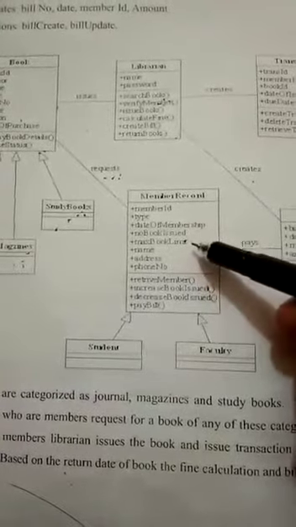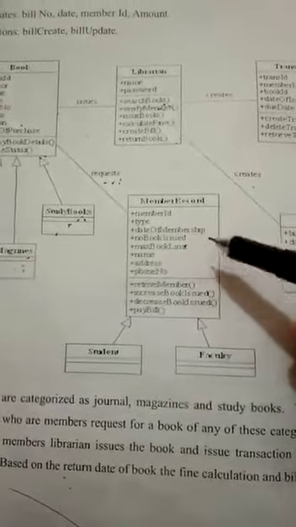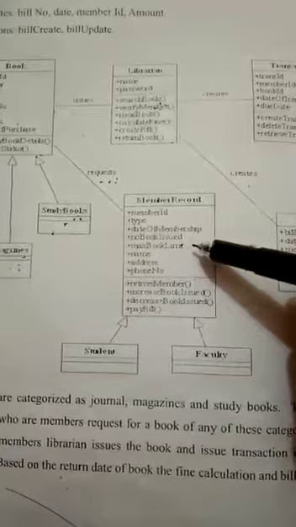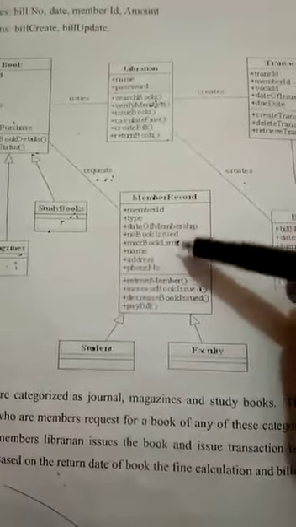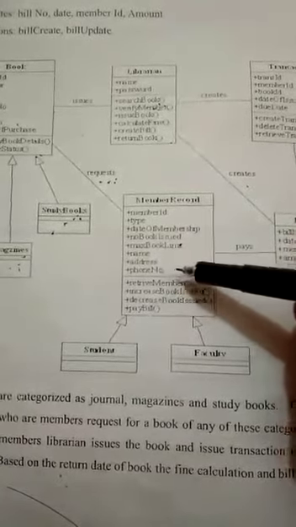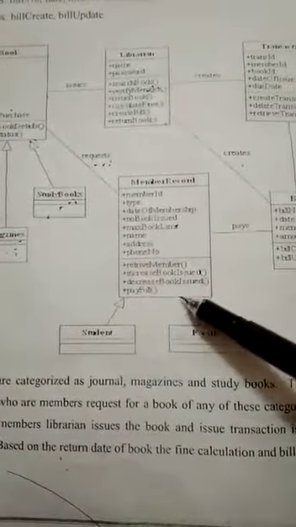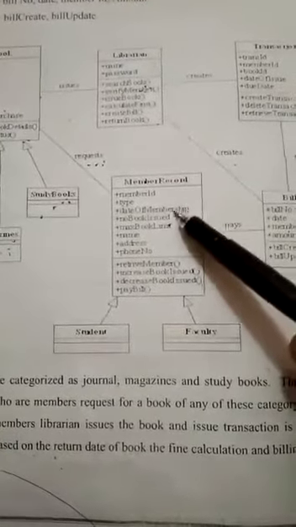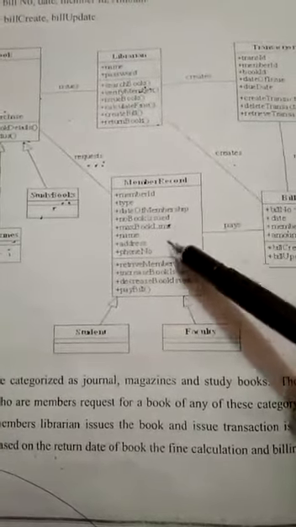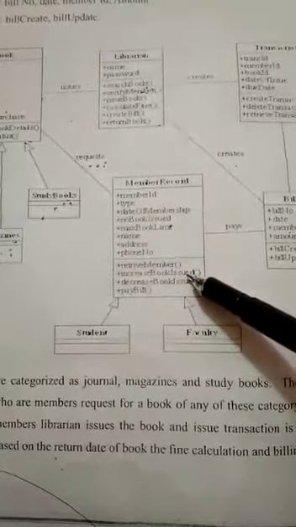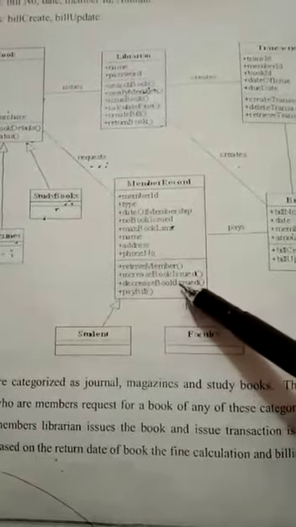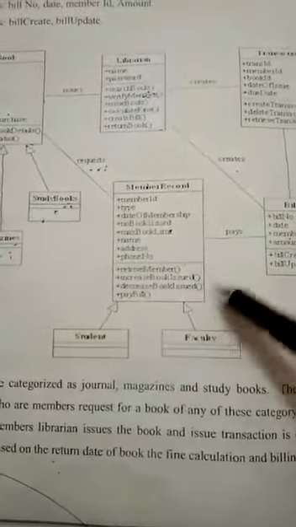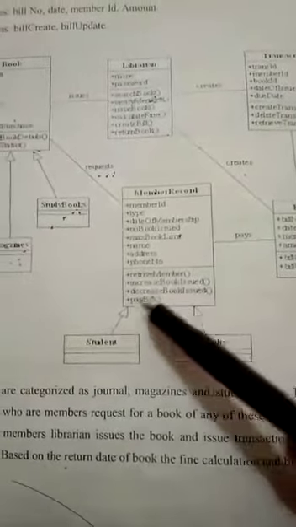There is a minimum of 4 to 5 books issued. It also has methods like retrieve member, increase book issue, if there is a chance of increasing the book issue, and decrease book issue. If there is a fine, he will decrease the book issue and pay the bill.